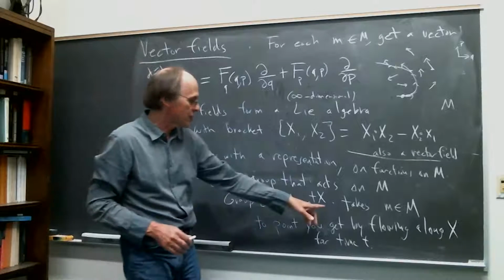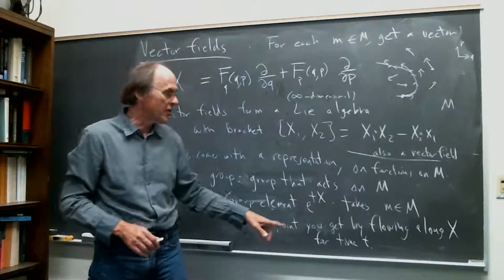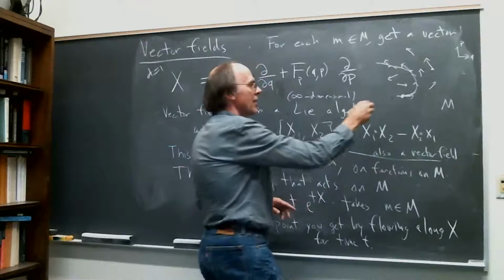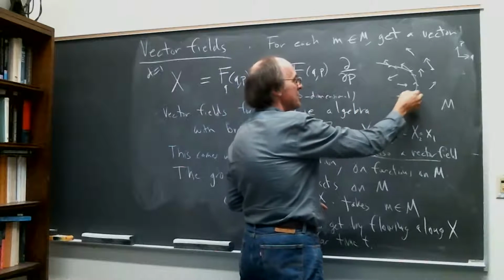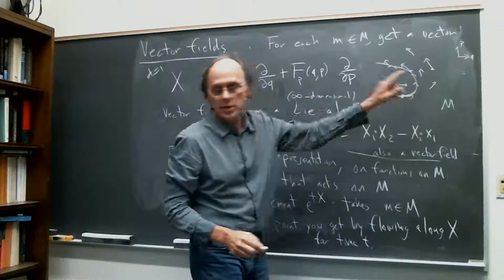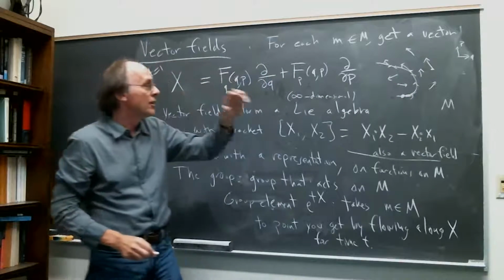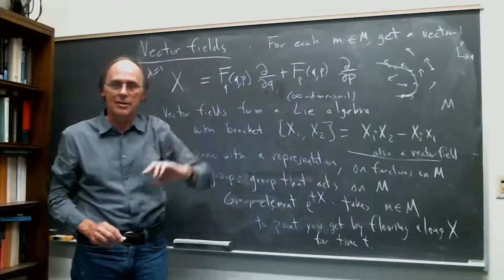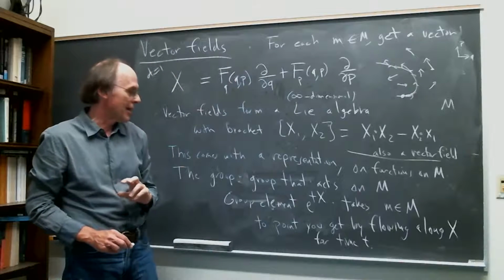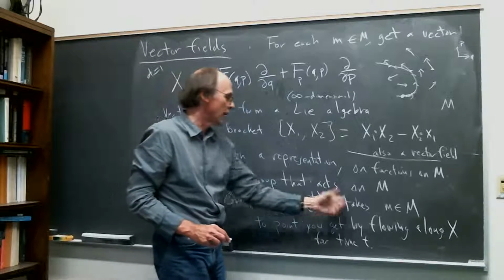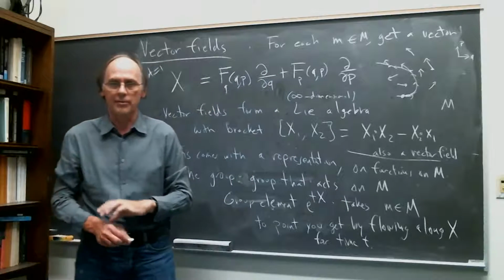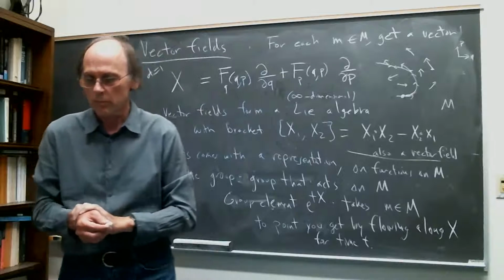There are extra problems that occur that you have to worry about: existence and uniqueness of the solutions to your differential equation. Your solution may go off to infinity at some finite t, or hit some singularity, and so you may not actually have the kind of group that you thought you had. Okay.